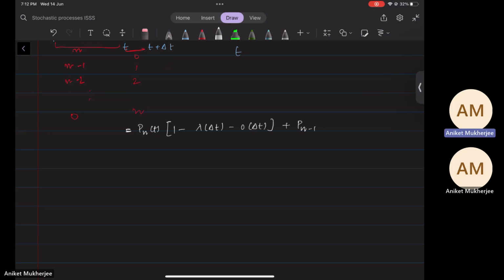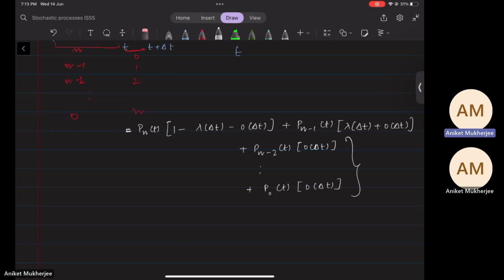Plus p n minus 1 t into, now the probability of one arrival occurring here is order of delta t. And then plus p n minus 2 t into order of delta t, and so on till plus p 0 t into order of delta t.